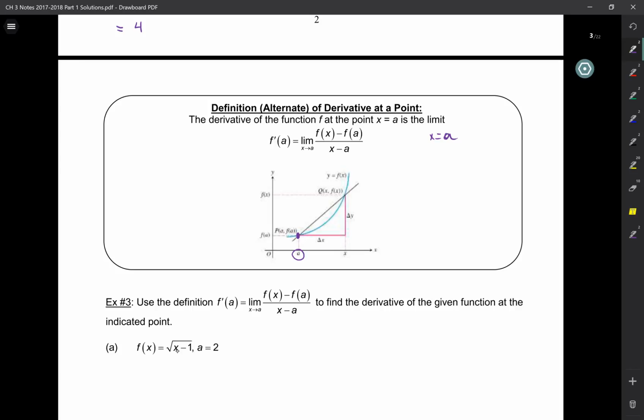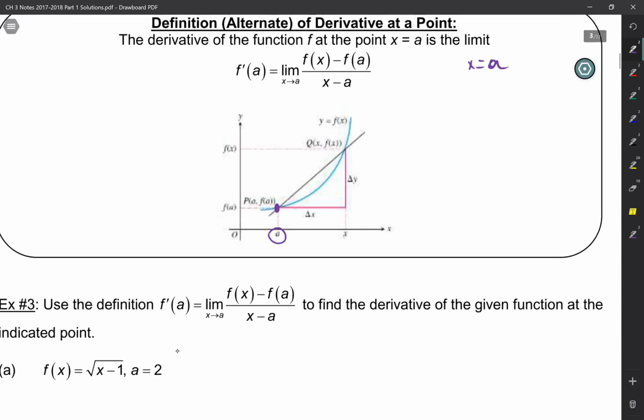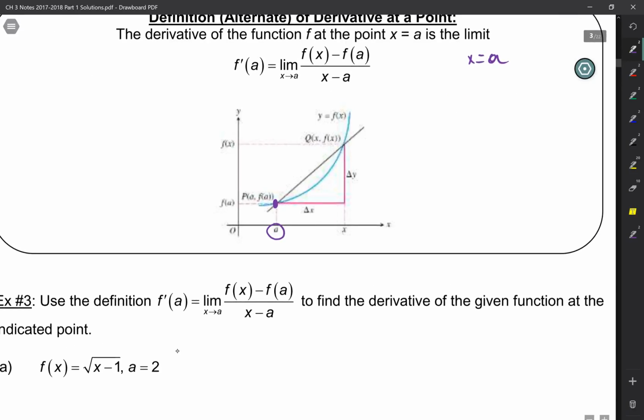You want to find the derivative of f at the point a. This blue curve is f. You go to x equals a and you find what f of a is. That's that point. Okay? So now you go to another point, anywhere else. Any random point here, x, and you look at f of x.